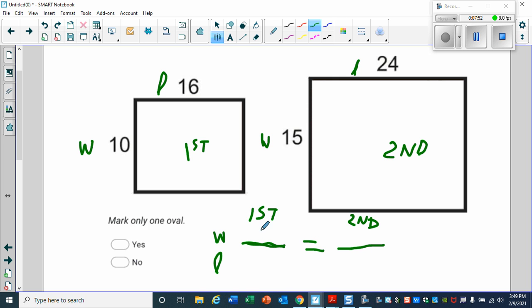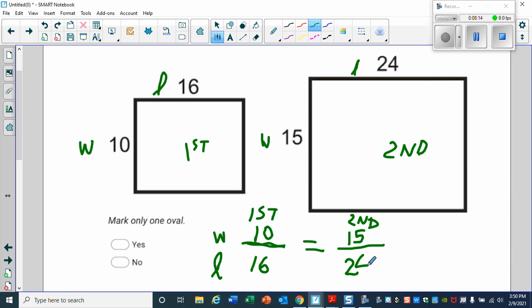So the width of the first one, 10. Length of the first one, sorry, cursive letter L, 16. And then width of the second one, 15. And then length of the second, 24.